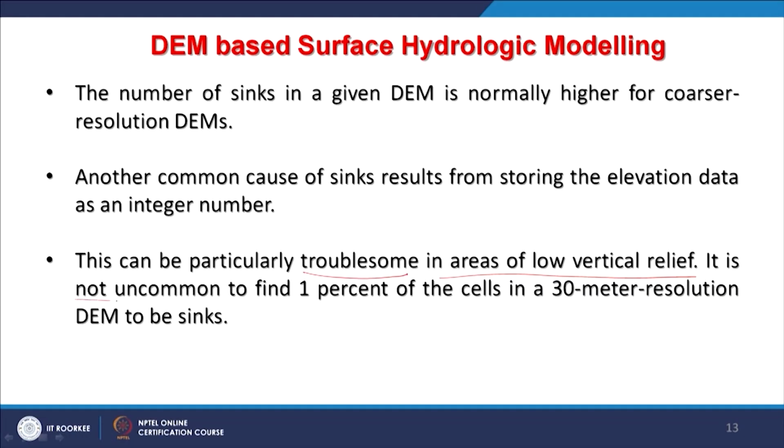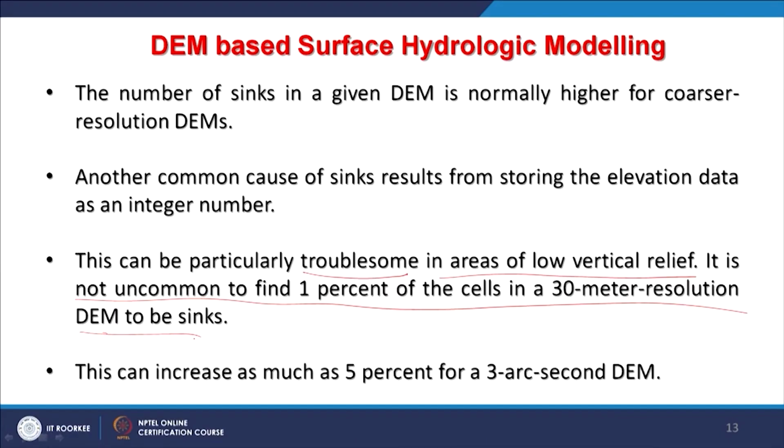Now, it is not uncommon to find 1% of cells in a 30 meter spatial resolution DEM to be sinks, but 1% is nothing in that sense. This percentage can increase multifold if we have a 90 meter DEM, the 3 arc second, where 3 arc second is roughly 90 meter and 1 arc second equals 30 meter.